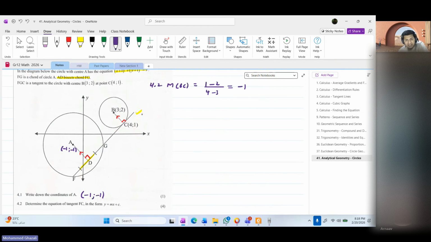So the gradient of FC is equal to 1. If you flip the fraction and flip the sign, you get 1. Remember, this can be written as 1 over 1, and -1 times 1 is -1.